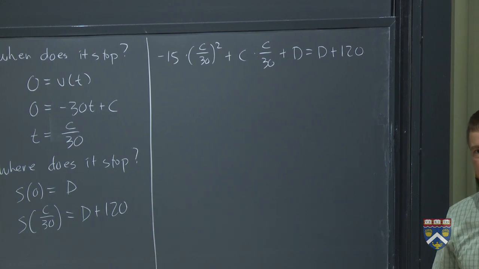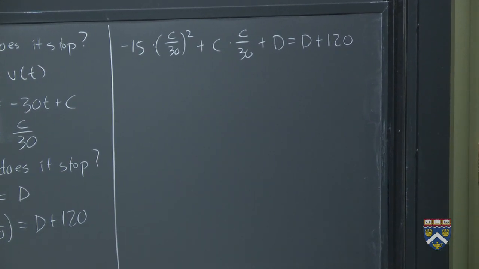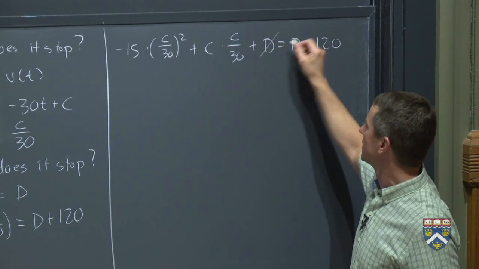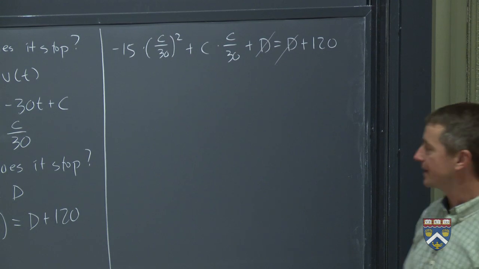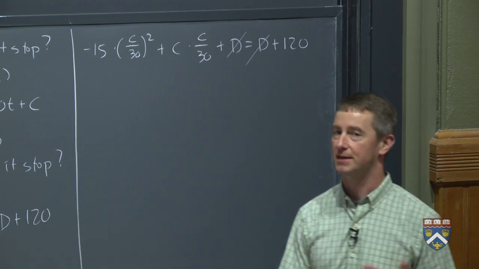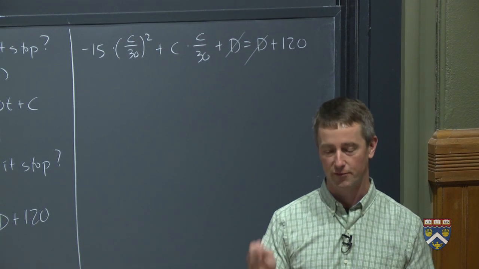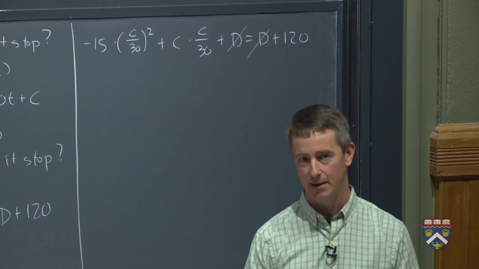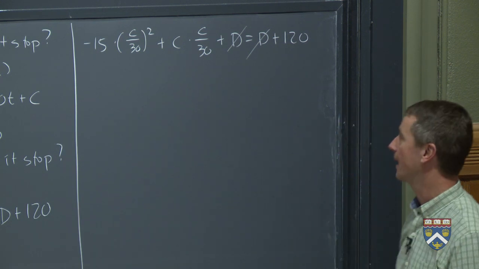Now this confirms that you could have chosen any value for d that you liked, because the d's are going to cancel no matter what. If you had said the starting position is 0, then the ending position would have been 120. If you said the starting position is 7, the ending position would be 127. You were free to choose whatever you wanted as the starting position, because you know it's going to stop 120 feet after that.